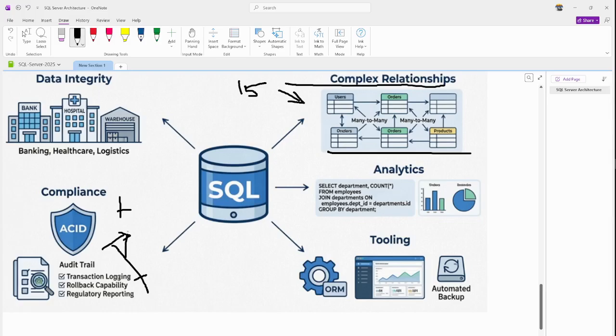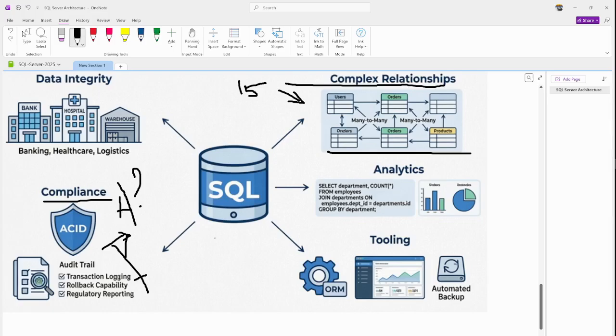Whoever accesses or changes the record, it should be logged. An audit trail allows the administrator to see exactly which physician updated a prescription and at what time. So this is with respect to compliance.